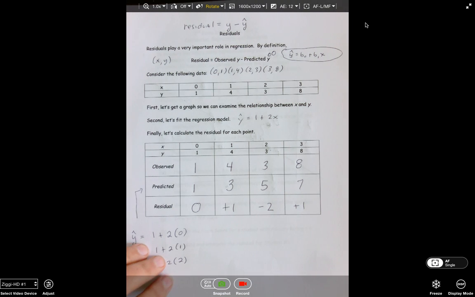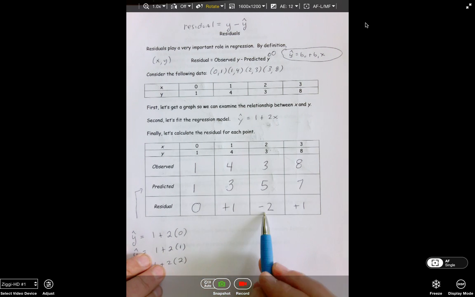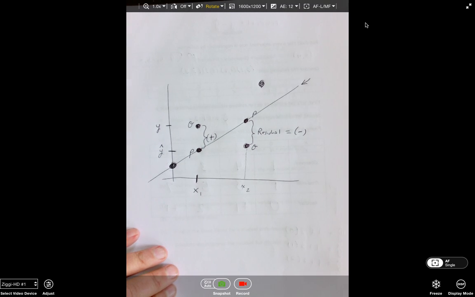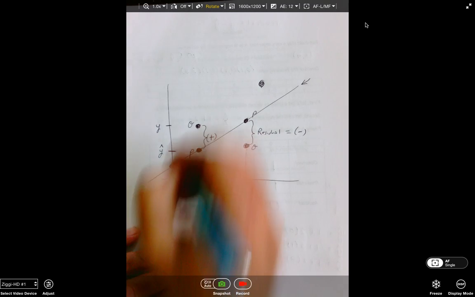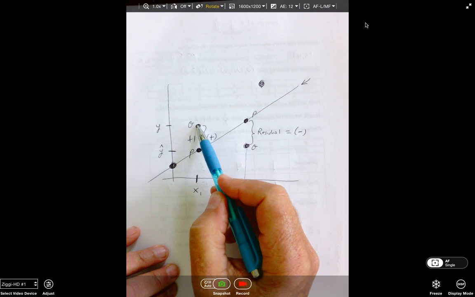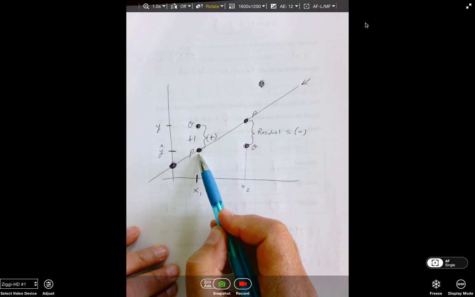Now we go back to our graph. Let's think about this: 0, 1, negative 2, and 1. That was the residual for this point because the observed was equal to the predicted. This was plus 1 because the observed value was 1 unit above the predicted.